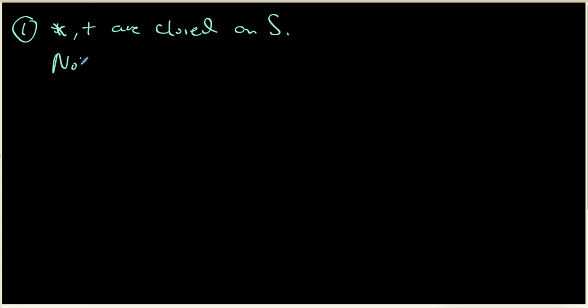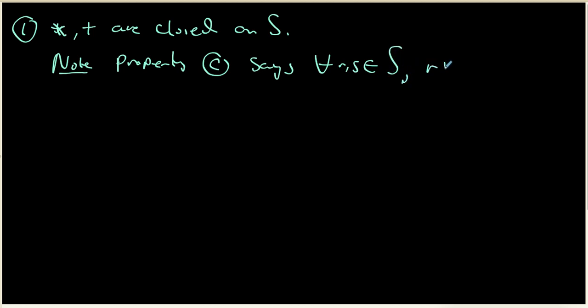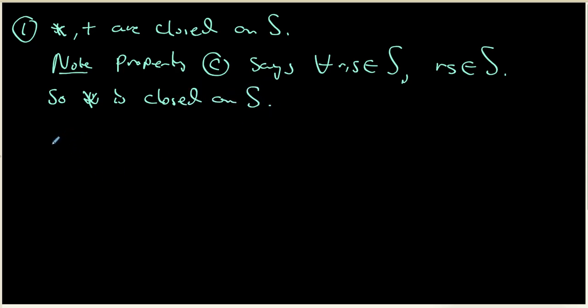I'm simply going to make a note that the third property, property C, says for all r and s inside set S, r times s must belong to set S. So we already know that times is closed on S. For the time being, I'm simply going to leave it as a question: is addition closed?